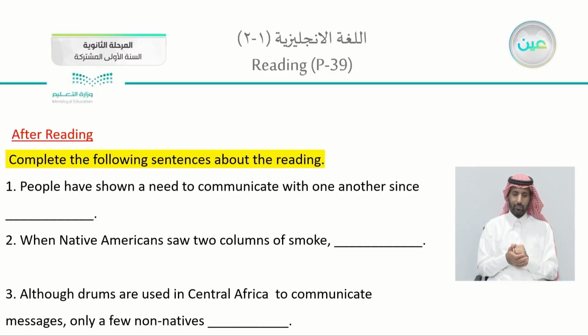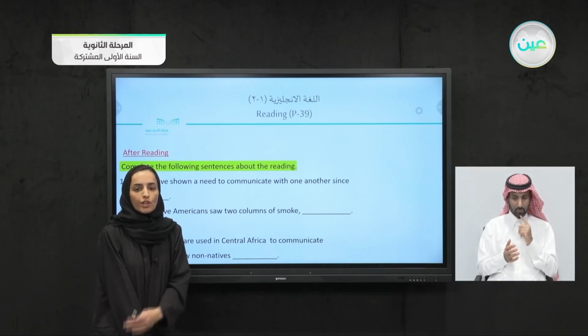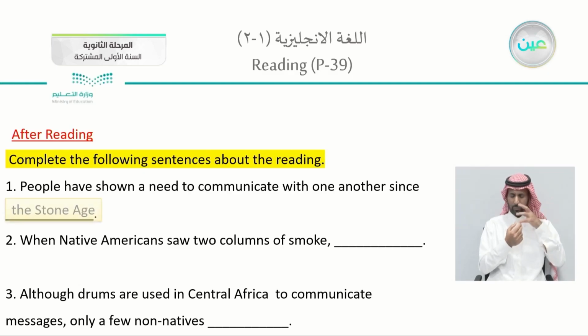Okay, let's complete these sentences on page 39 of your book. Complete the following sentences from your understanding of the reading. People have shown a need to communicate with one another since starting from when? The 20th century? No, older, ancient ages. Maybe we can say Stone Age.